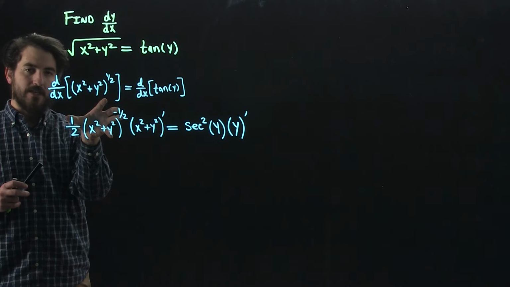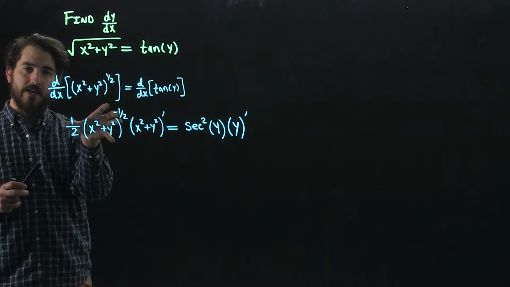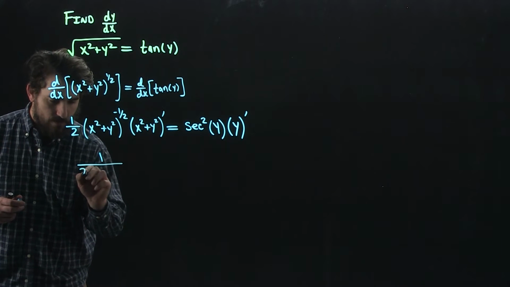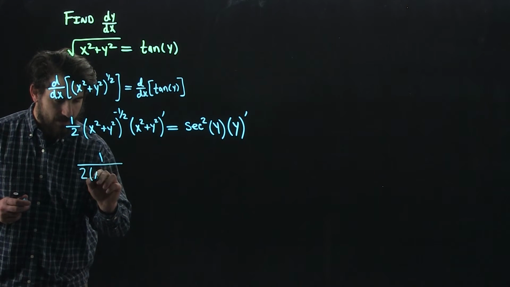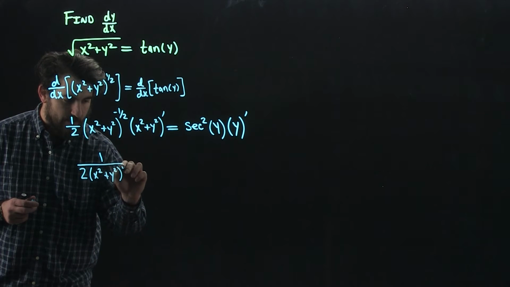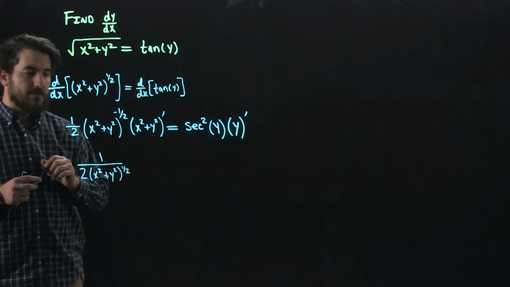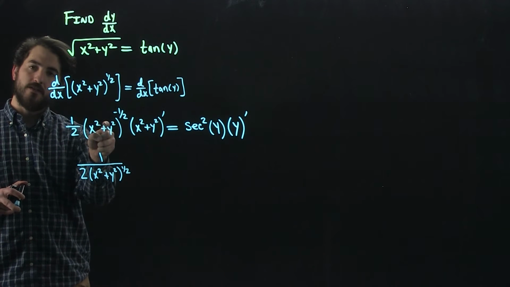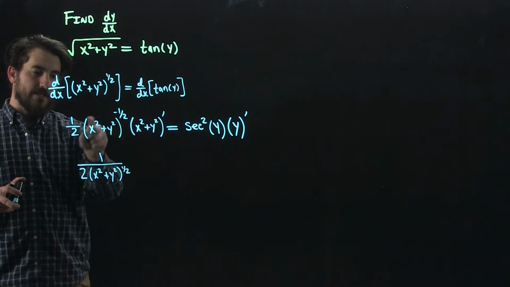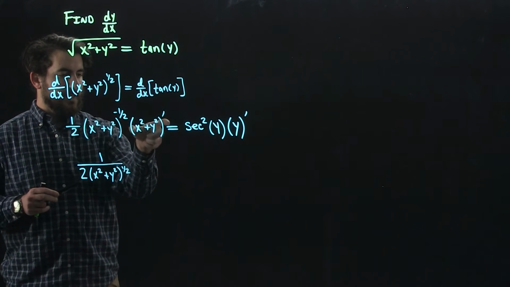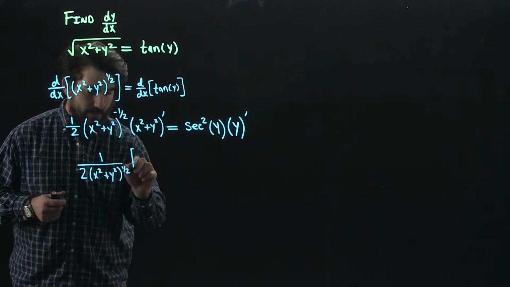So to rewrite this portion of the left-hand side, this becomes 1 over 2 times (x squared plus y squared) to the 1/2. So what I'm doing here is I'm rewriting these two factors, and I'm writing this particular factor with a positive exponent.